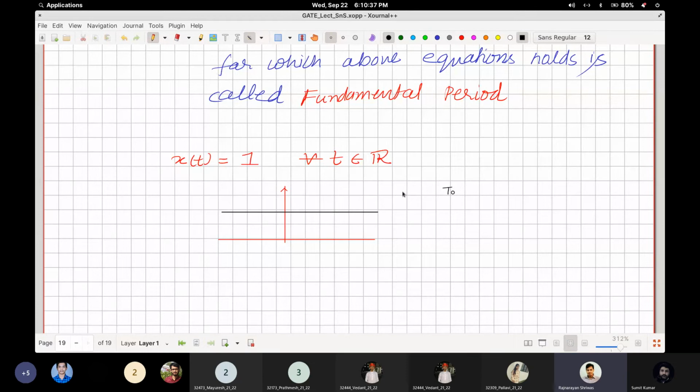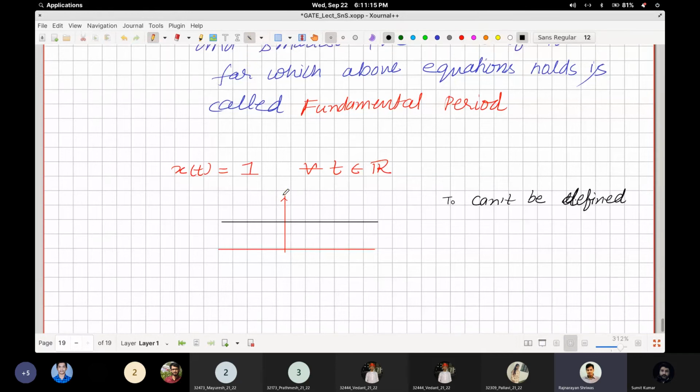Though it's periodic, it's repeating itself. Periodic means the signal has to repeat itself, isn't it? It's repeating at every instant, isn't it? But that smallest value is undefined. Can you see that? समझ रहा है आप लोगों को? Yes, sir. So T naught can't be defined here, but it is periodic. That's true.